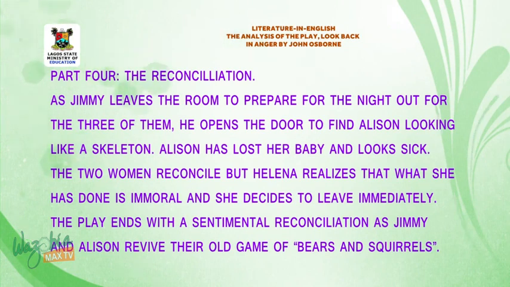The two women reconcile, but Helena realizes that what she has done is immoral and she decides to leave immediately. The play ends with a sentimental reconciliation as Jimmy and Alison revive their old game of bears and squirrels.